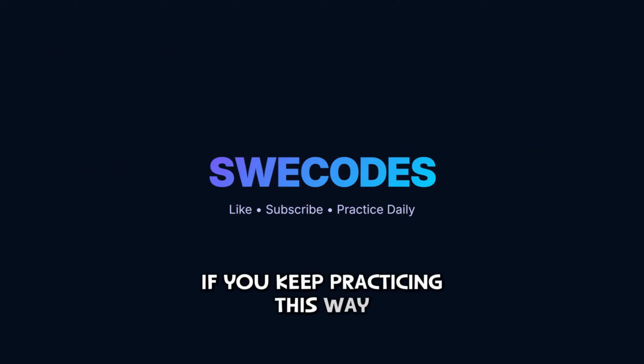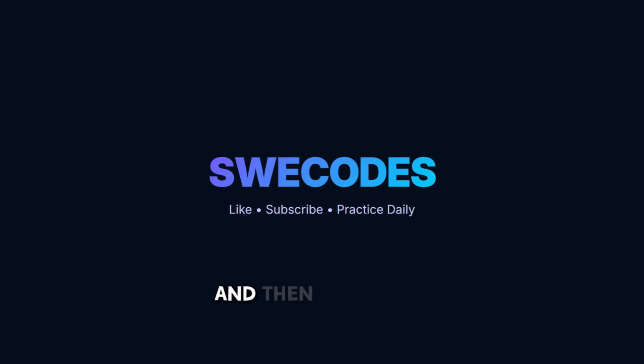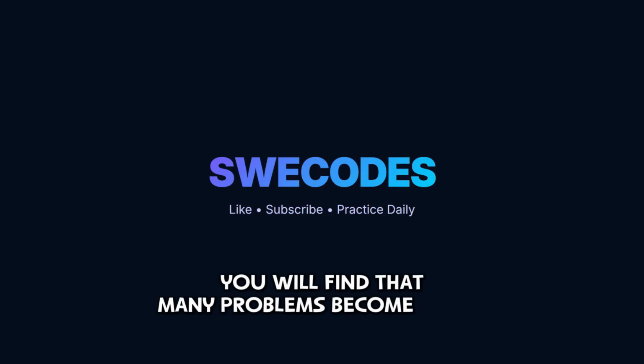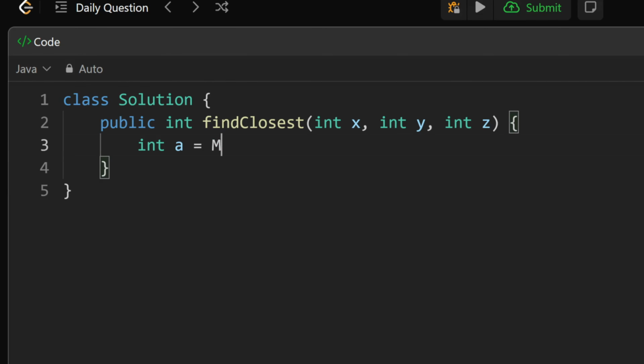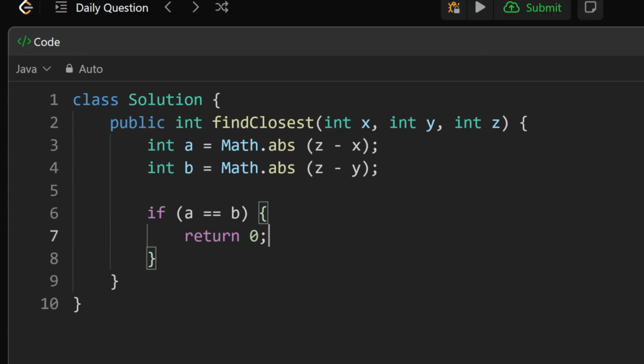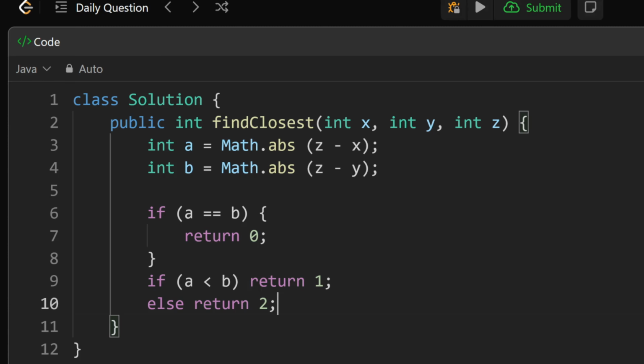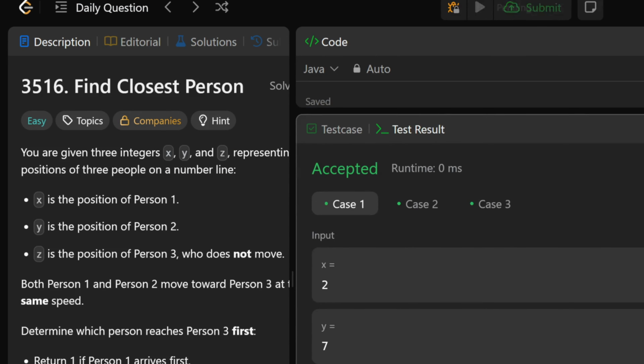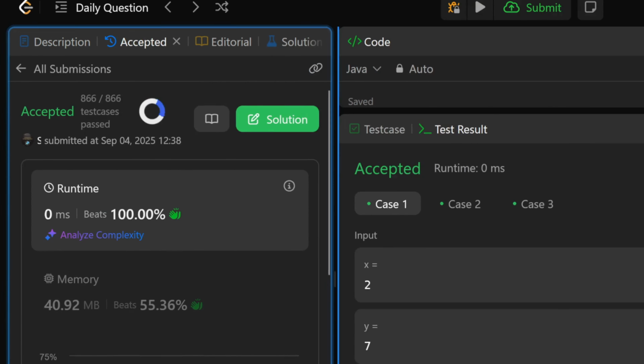If you keep practicing this way, by translating words into simple math and then into code, you will find that many problems become easier.